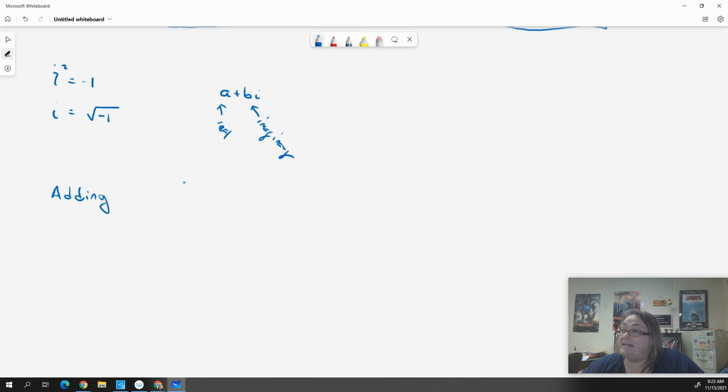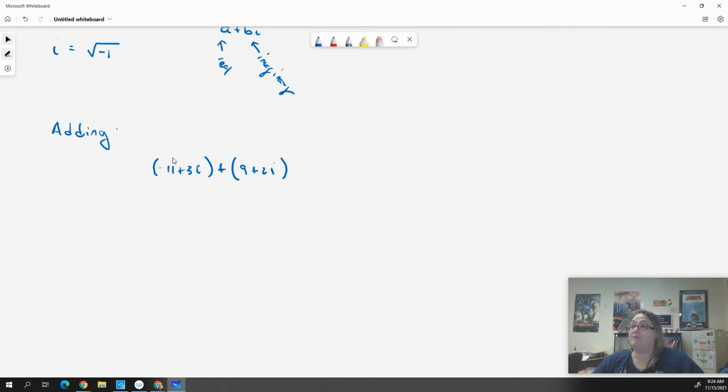So when we are adding complex numbers, if I have -11 plus 3i plus 9 plus 2i, when I look at this, it's just like when we're talking about a variable. If we're adding two binomials together, the parentheses don't matter.